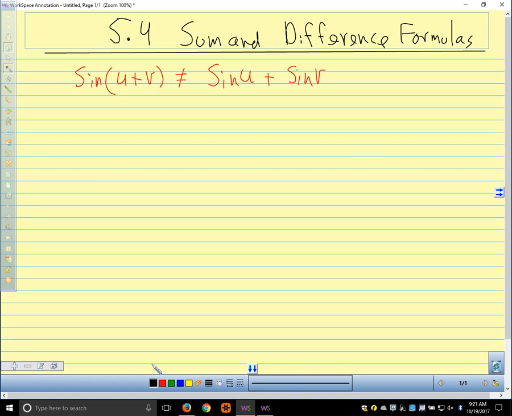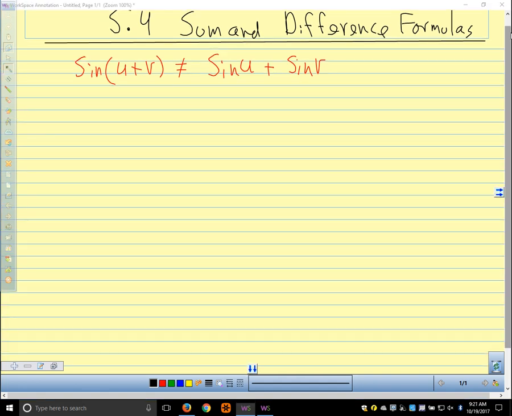So what we're going to do today is write down the formulas for what happens when we are adding two angles together. And the reason that we're going to do that is sometimes we can separate things so that the angles that we're adding together are nice unit circle angles, so we can get exact values for those.